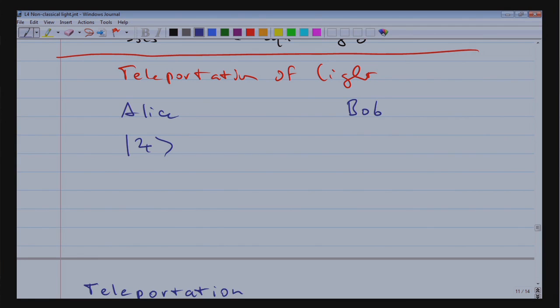You have something, a quantum state psi, which is interesting. And the question is, how can Bob create an identical copy of this quantum state psi that he can sort of walk away with the same quantum state?